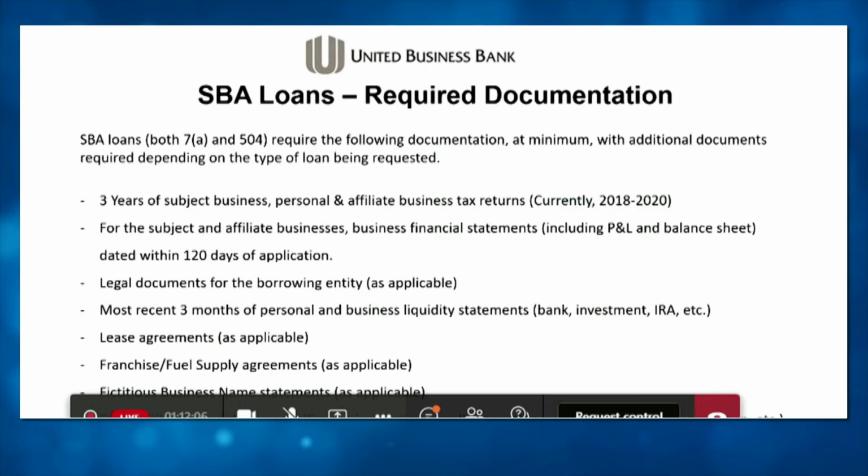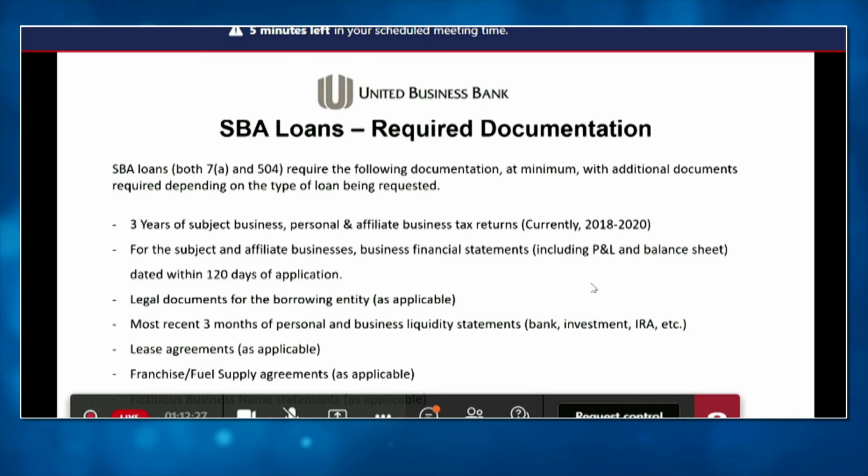But the SBA actually requires that we get both the profit and loss and the balance sheet, and those two documents together make up the business financial statements that the SBA requires us to have. So if your lender for an SBA loan is requesting business financial statements, please know that it's not just the income statement that you have to provide, but a combination of the income statement and the balance sheet, provided together as a package, that satisfies this requirement.